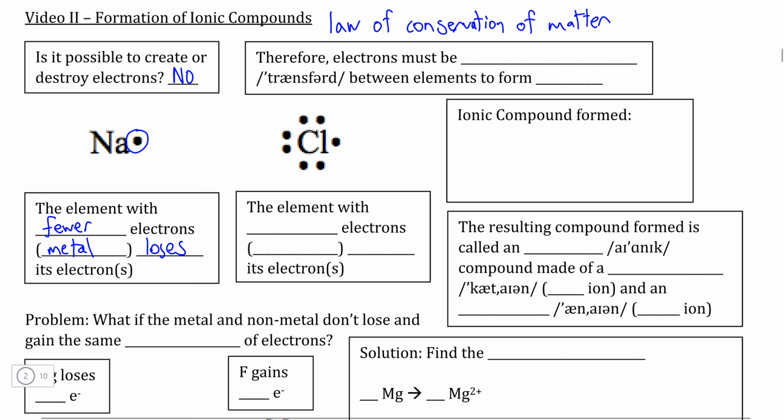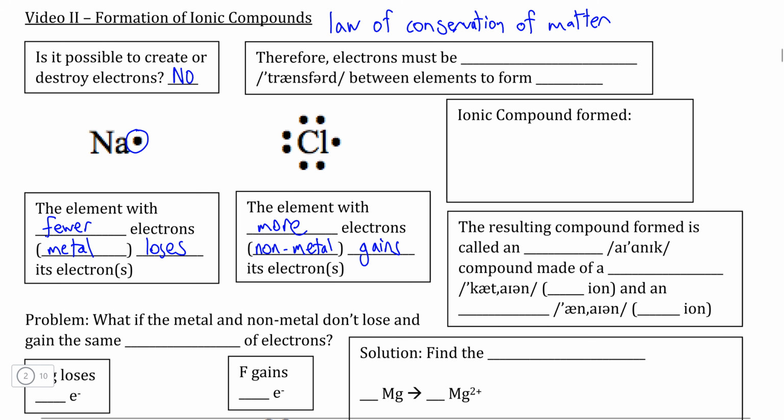Now, conversely, chlorine is the element in this pair with more valence electrons, and again, this most likely is going to be a nonmetal when we deal with pairs of elements that form ions, and because chlorine already has 7 valence electrons, it's much easier for it to gain 1 valence electron than it is to lose 7.